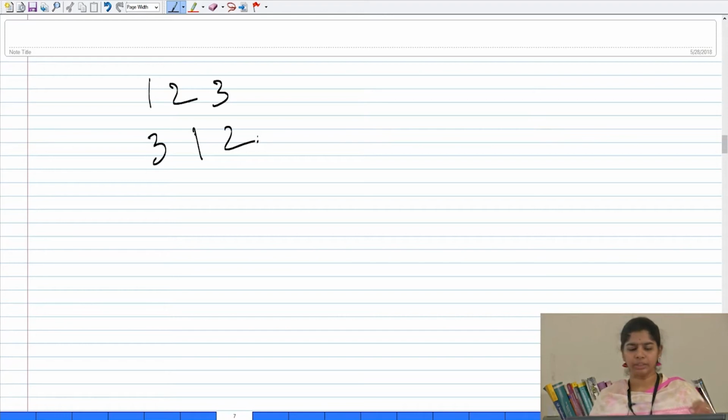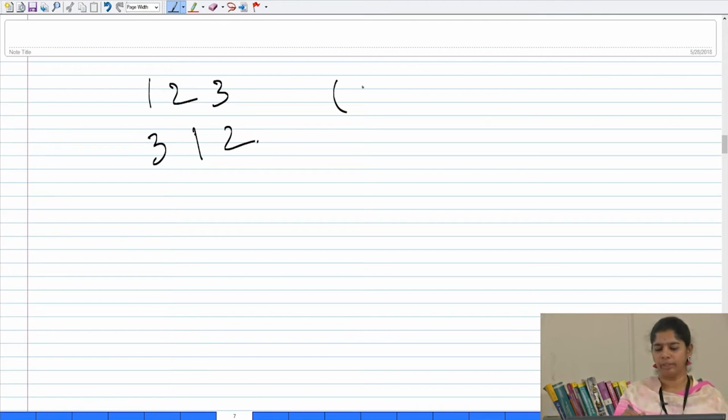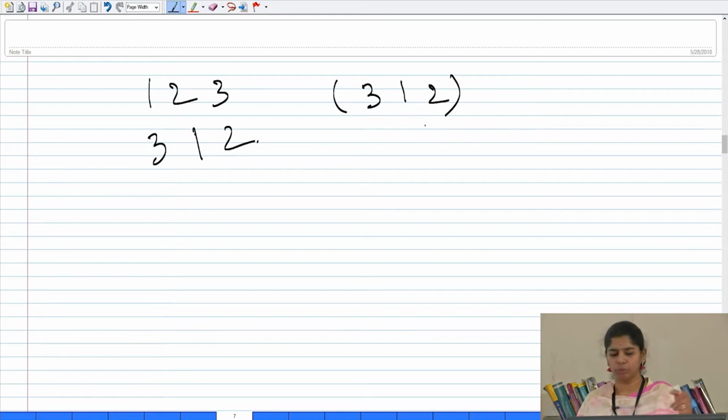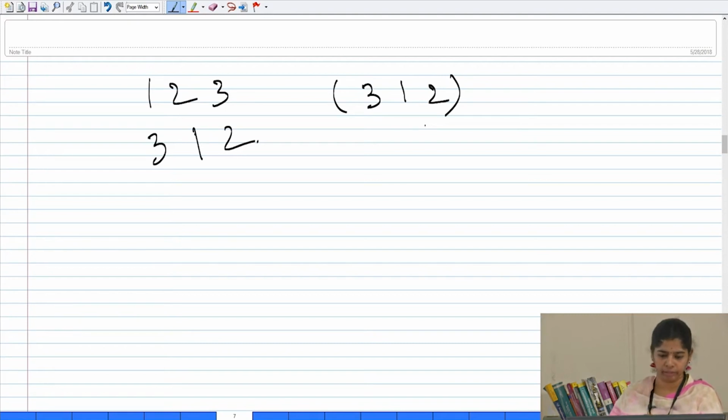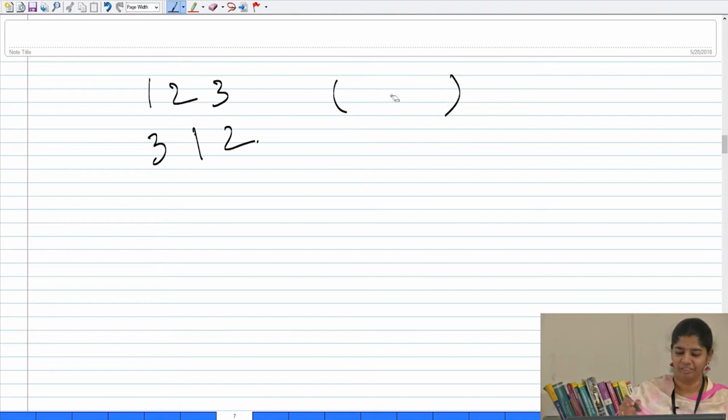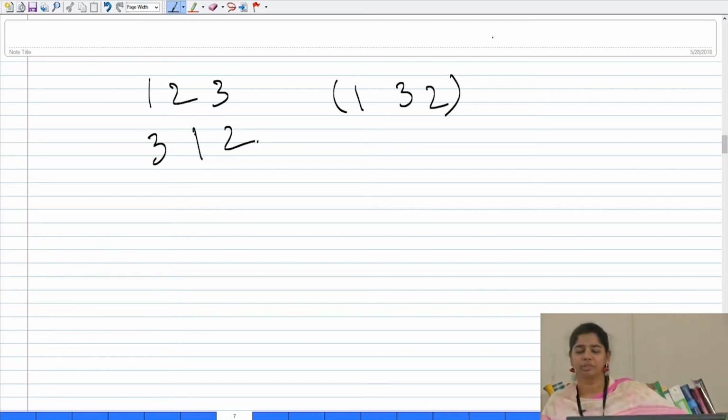What is this? 1 goes to 3, and 3 goes to 2, 2 goes to 1. So, this is a cycle, we usually write it as 3, 1, 2, that is 1 goes to 3, 3 goes to 1 and 1 goes to 2. Did I write it correctly? No, I am sorry. 1 goes to 3, 3 goes to 2 and 2 goes to 1, yeah, I am sorry about that.